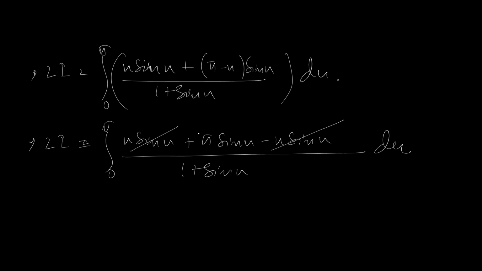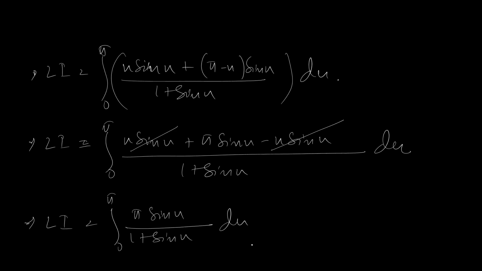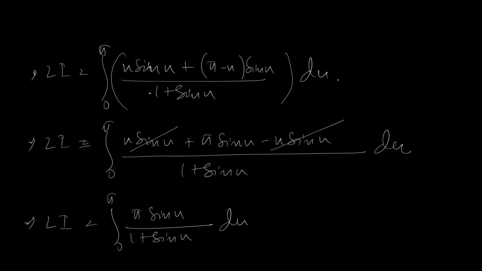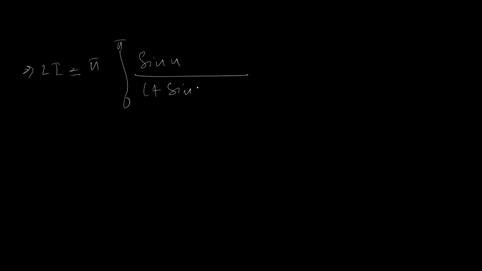This and this cancel out. So twice I is the integral from 0 to pi of sin x by 1 plus sin x dx. Here pi is a constant, so twice I is pi times the integral from 0 to pi of sin x by 1 plus sin x dx.